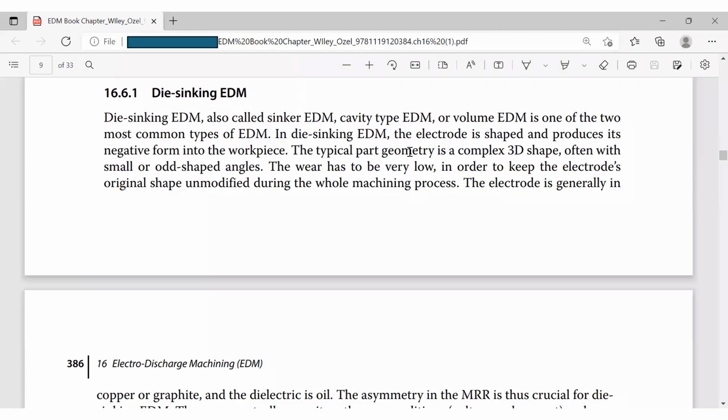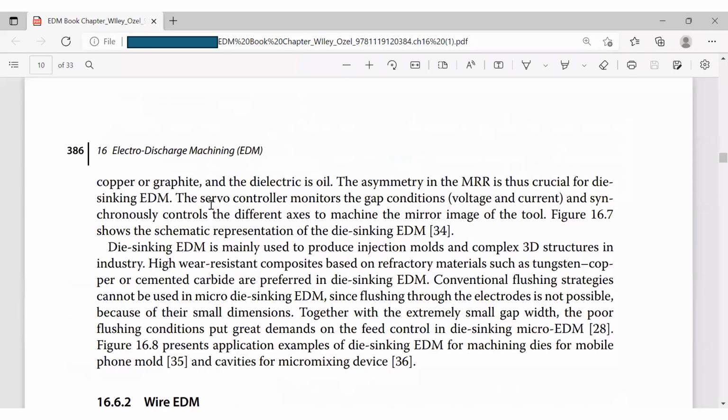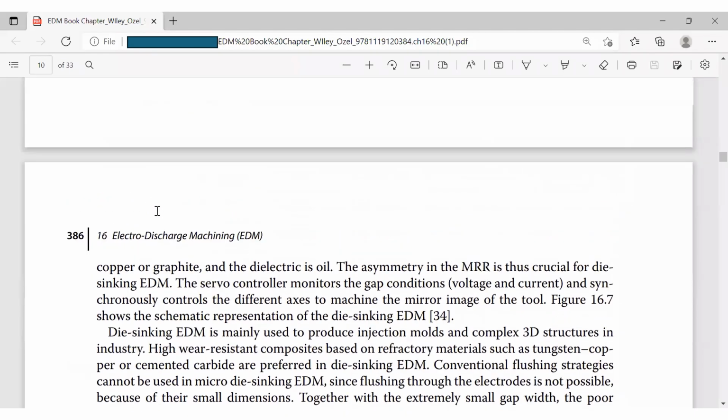The typical part geometry is a complex 3D shape, often with small or odd-shaped angles. The wear has to be very low in order to keep the electrode's original shape unmodified during the whole machining process. The electrode is generally copper or graphite.